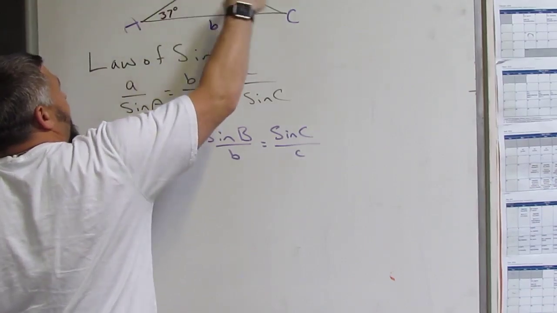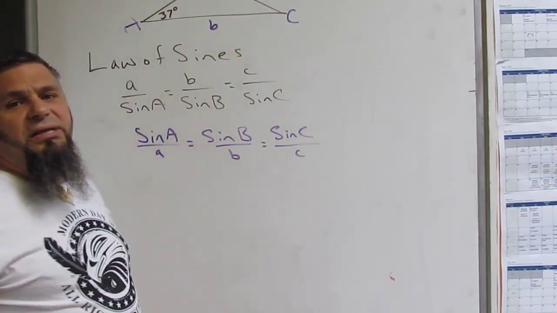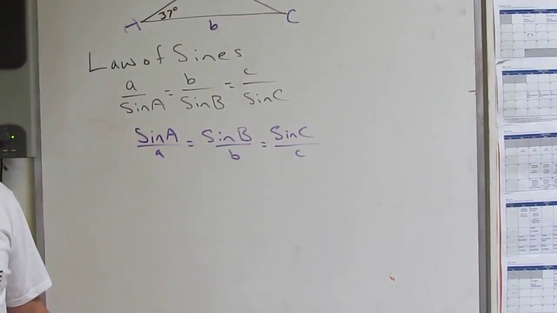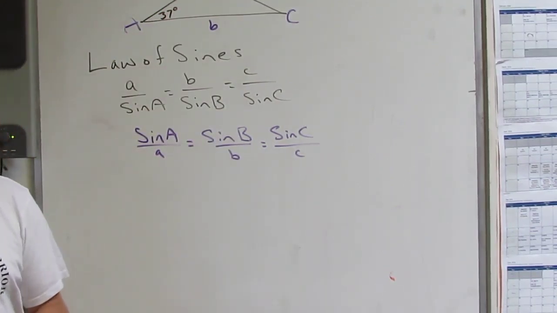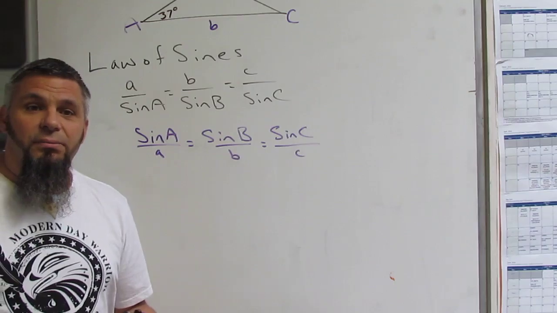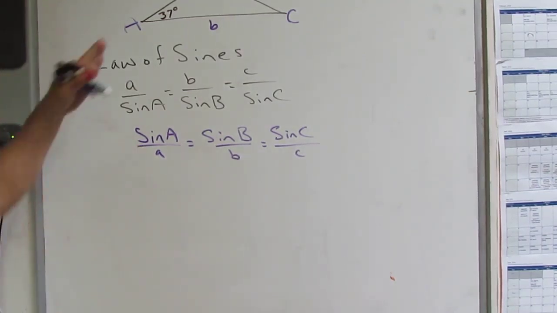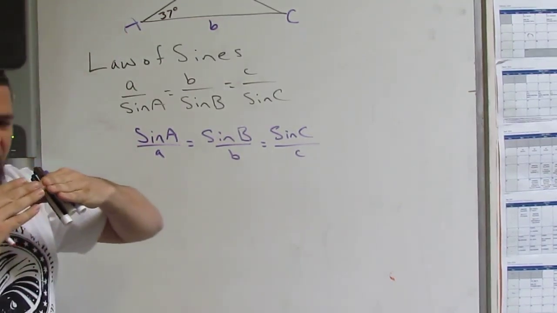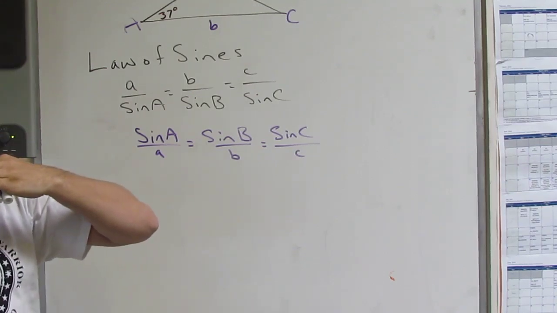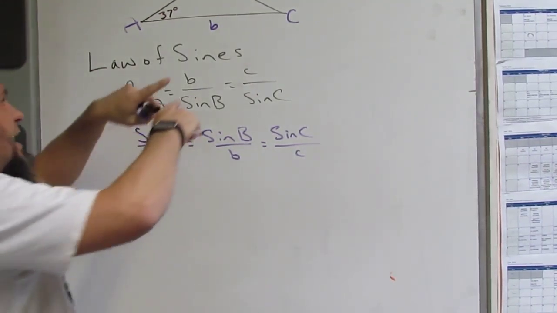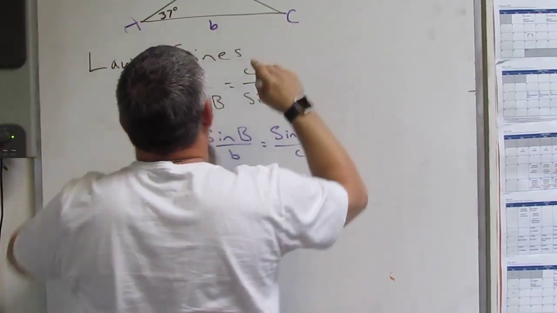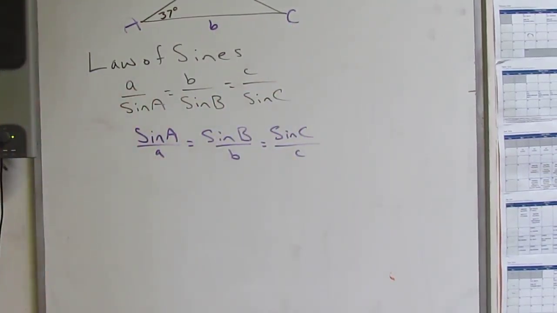So we got a 24 and a 10, and then we have to figure out what B is going to be, if this is 37 degrees. Now hopefully this works. Sometimes it doesn't. Because if it's 24 and 10, we'll just plug it in and see if it works.